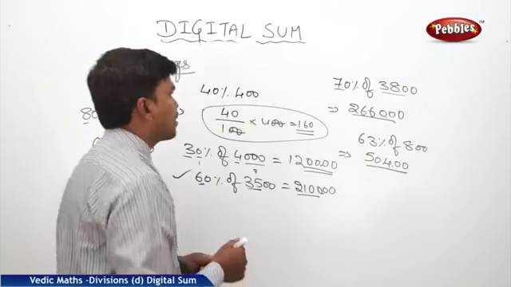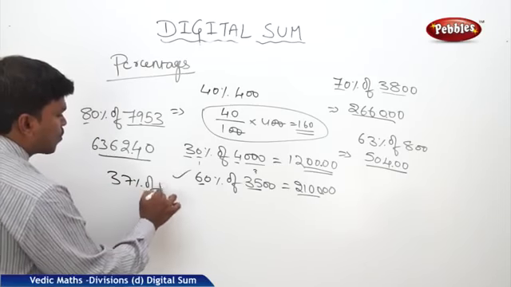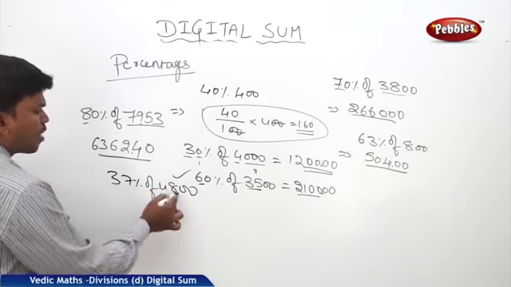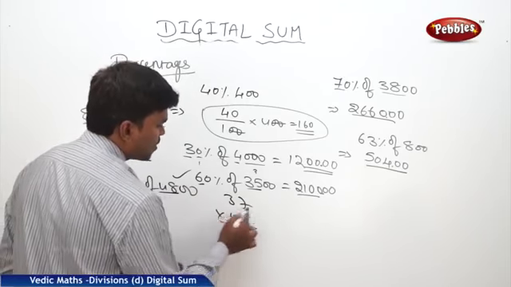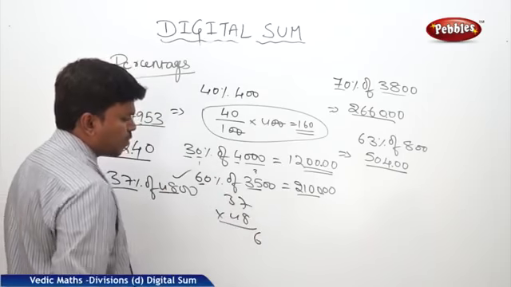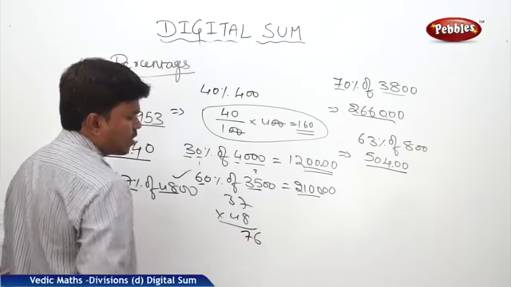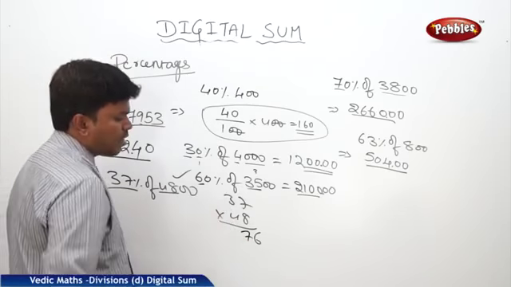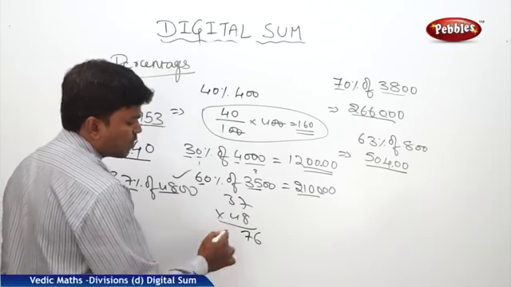Suppose, one more example. Let us take 37% of 4,800. Here also, multiply simply 37 and 48 fast. 37 into 48 I want to multiply. 7 8s are 56, fine. Apply vertically crosswise fast. So 24 plus 5, 29. 29 plus 28, it is 57. 57, and 3 4s are 12. 5 will be carrying. 12 plus 5, 17.